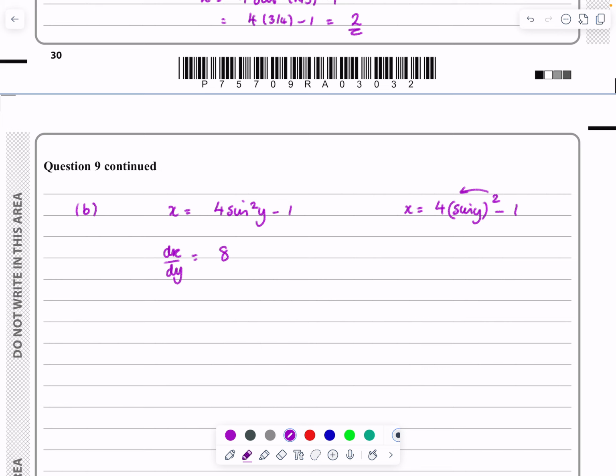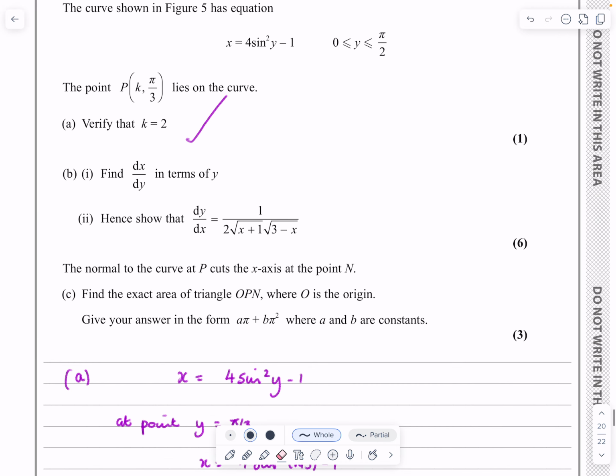So I'm going to get 8 sine y, and then using the chain rule, multiply by the differential of what's in there. And the differential of sine is cos. So we get 8 sine y cos y, and the differential of 1 is just 0. So 8 sine y cos y is the answer to part B, part 1 rather.